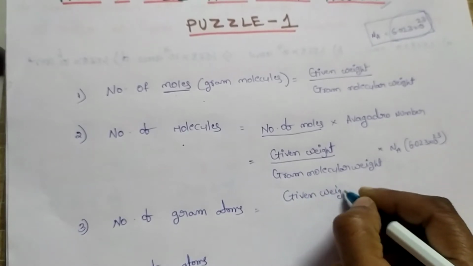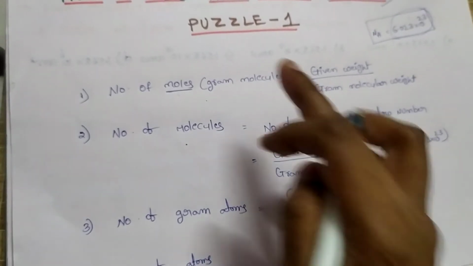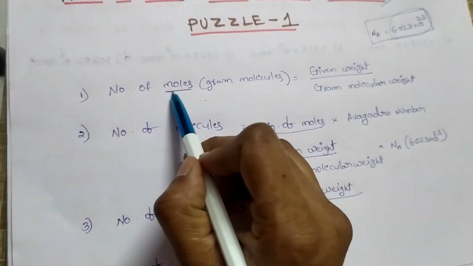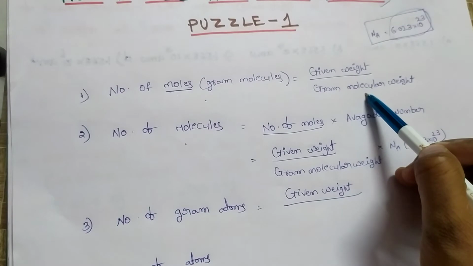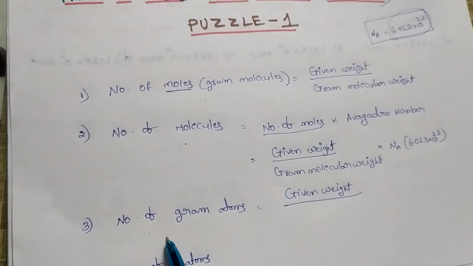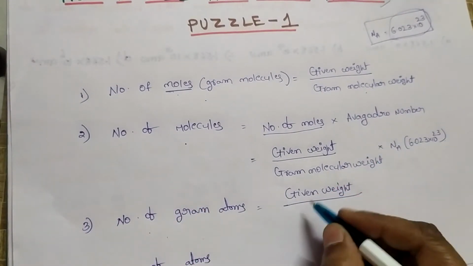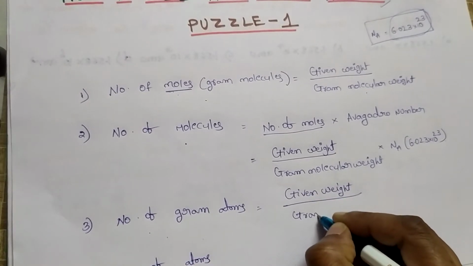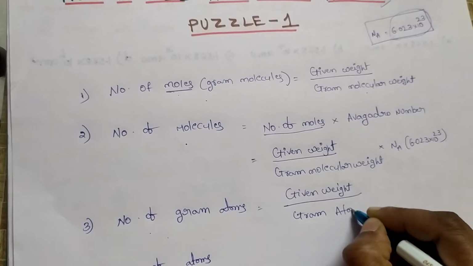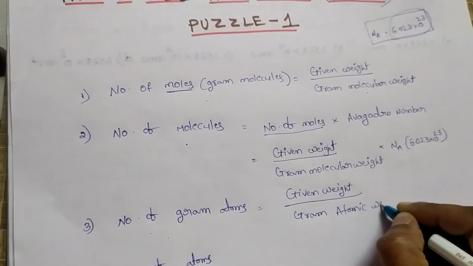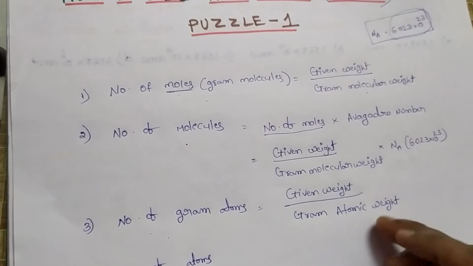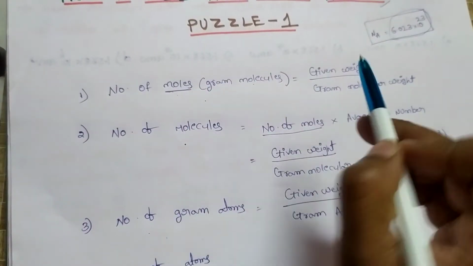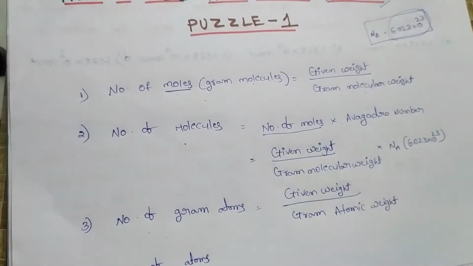The only difference is that while calculating the number of moles we take the molecular weight, while calculating the number of gram atoms we take the gram atomic weight. Got it? Given weight by atomic weight, because we are talking here about atoms. Here we are talking about molecules, so we write gram molecular weight.